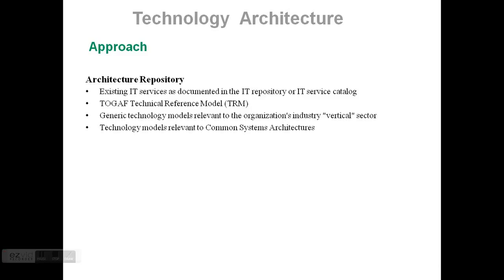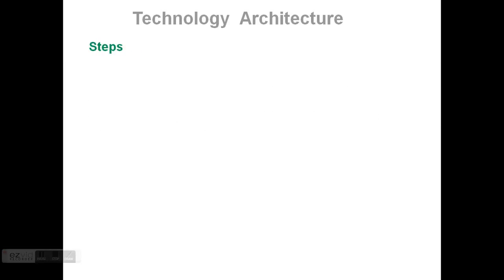We also consider technology models relevant to common systems architecture, for example, security architecture or similar architectures used across different industry sectors. For example, the Open Group has the reference model for integrated information infrastructure, III-RM, that we mentioned previously. It focuses on the application-level components and underlying services necessary to provide an integrated information infrastructure.